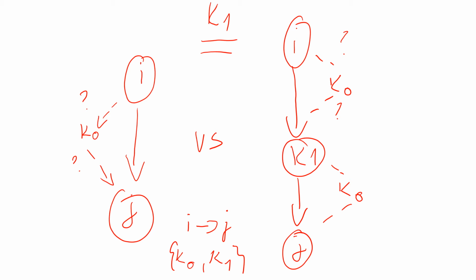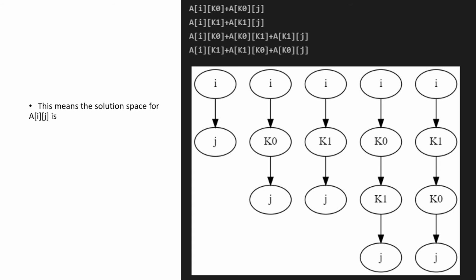So when we now go to this, here I have also shown the solution space that will exist for this example: there is either potentially I to j, or there is I to k0 to j, or there is I to k1 to j, or there is I to k0 to k1.